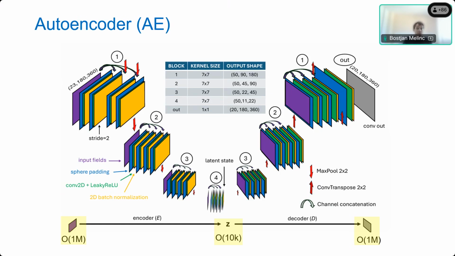So initially, these 20 atmospheric fields have more than 1 million features altogether, while the latent vector only has an order of 10,000 features. So that's 2 orders of magnitude less. And we believe that if an autoencoder wants to learn how to successfully reconstruct its input, despite this severe compression, it has to learn the most important underlying physical balances behind the atmospheric states. So we can view this encoding and decoding as a neural network version of the control variable transform.